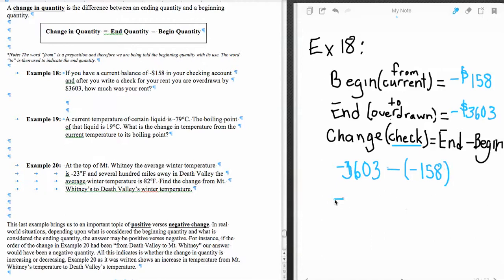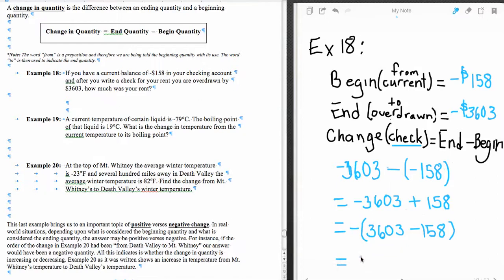And what we find here is that this ends up giving us negative $3,603, and then plus, because we add the opposite of, $158. So now we know, because of integers, of course, that this is really opposite signs, so it's a subtraction problem. 3,603 minus 158, and then the sign of this is going to be negative.